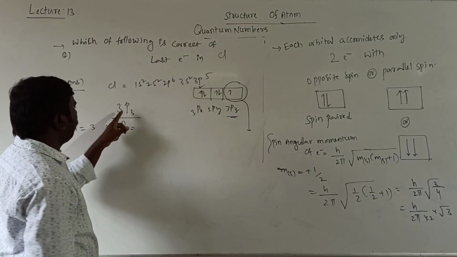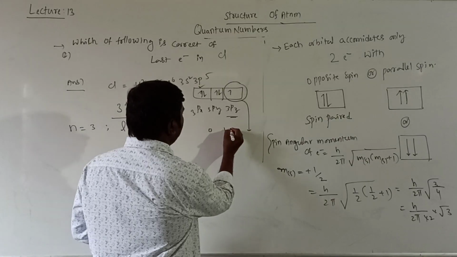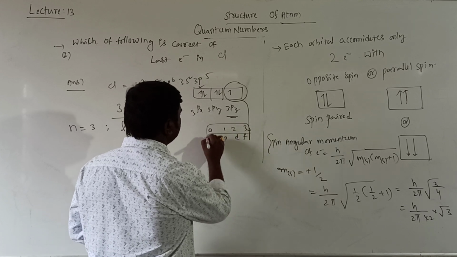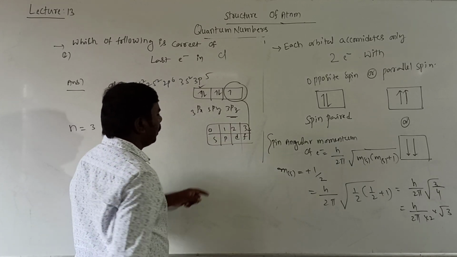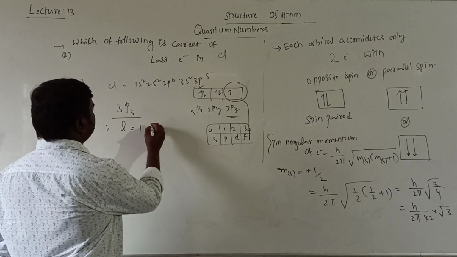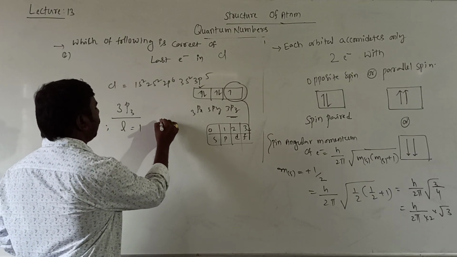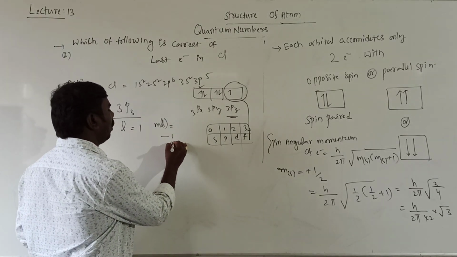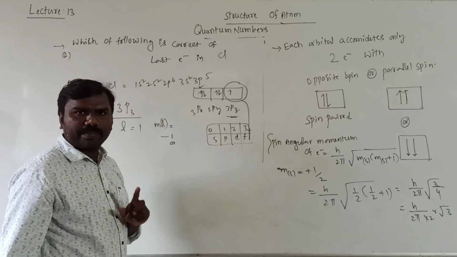L: p means 0, 1, 2, 3, s, p, d, f. You know this already. P means L value 1. Next, ML value will be either -1 or 0 or +1.